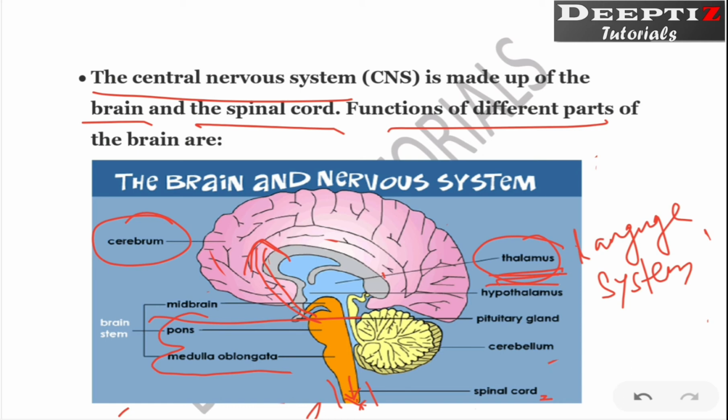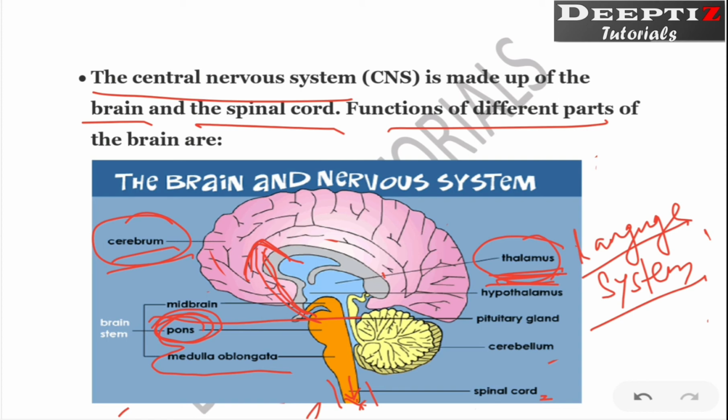The thalamus function is to receive the signal and transmit it to the cerebrum, right? So we have talked about pons. Pons receives the message from hindbrain and gives it to the cerebrum. What about thalamus? It is related to the language system, and it can also send the message received in the form of signal to the cerebrum.